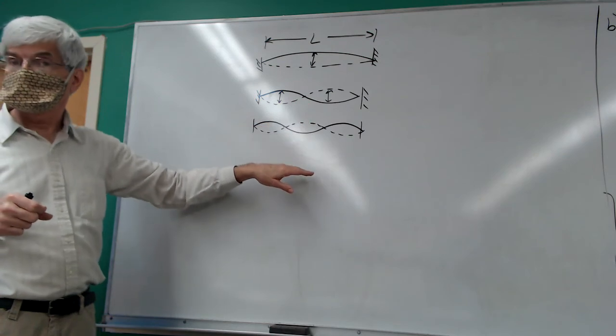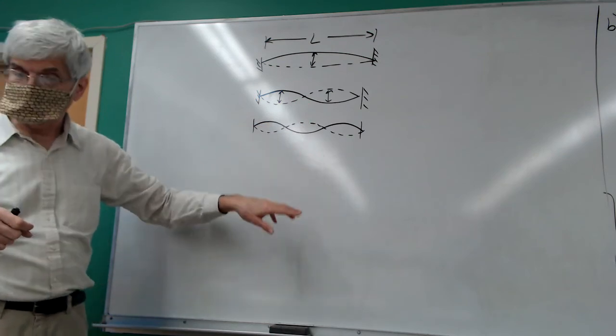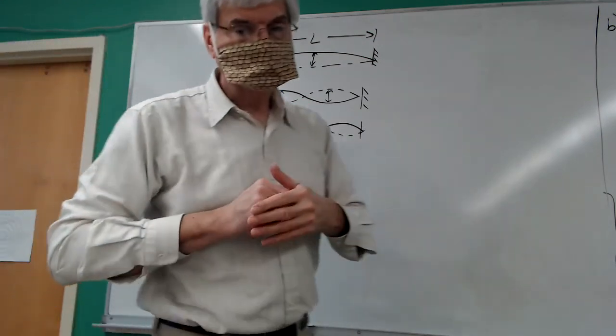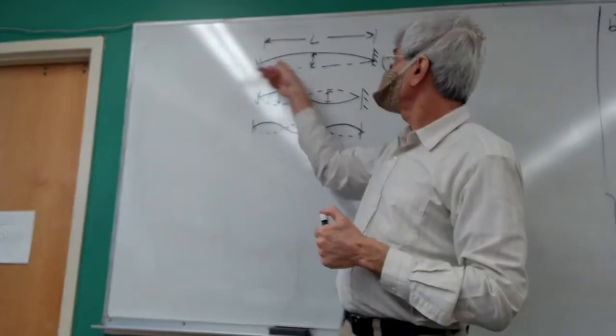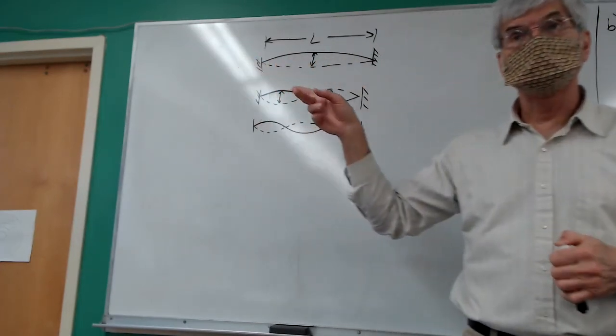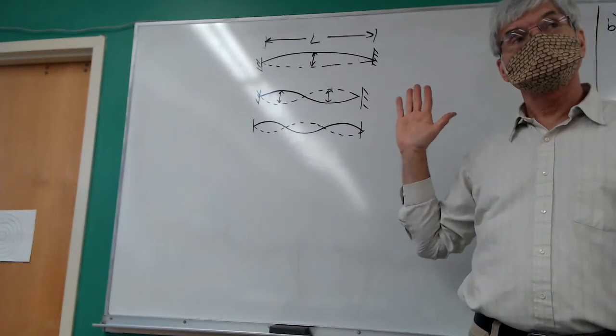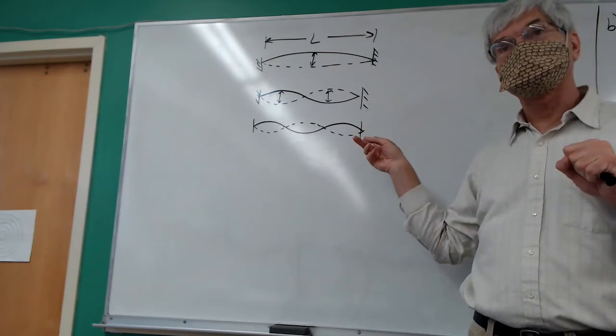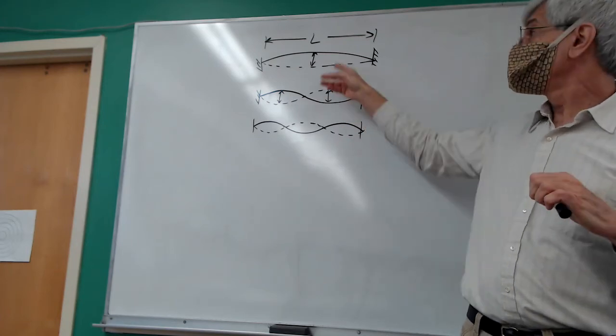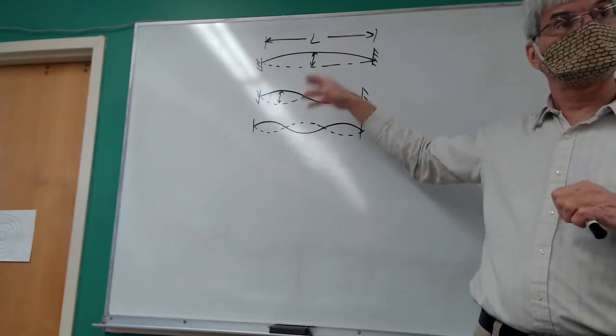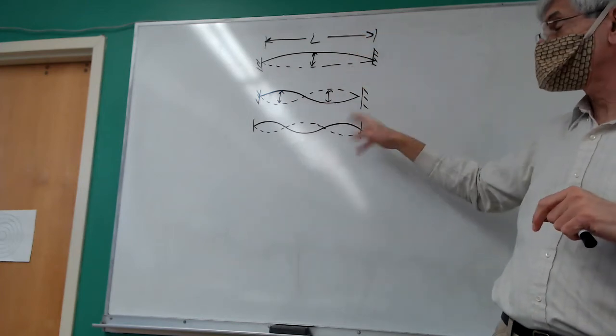The next one would be where it's 2 wavelengths, and then 2.5. And so, because of this condition that must be met at the ends, there's only certain wavelengths that can exist on this string. The ones that meet the condition I just mentioned: half a wavelength, 1 wavelength, and so on.